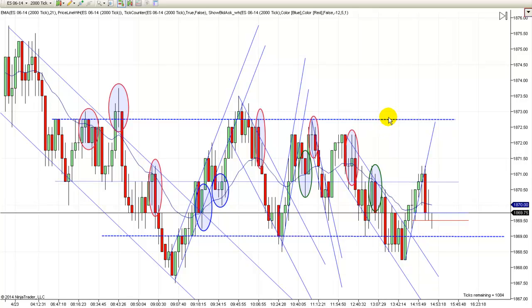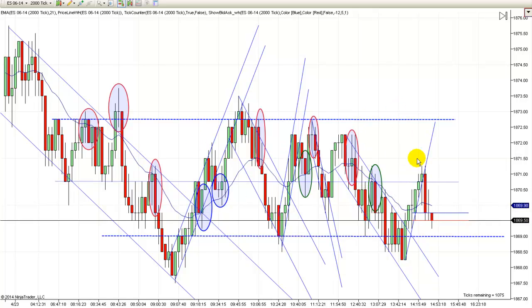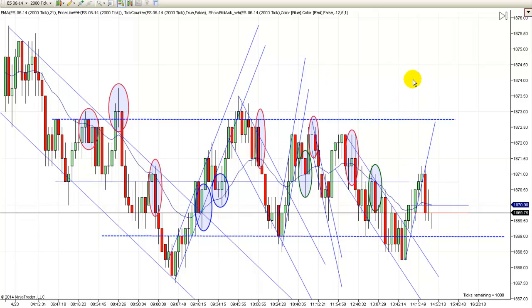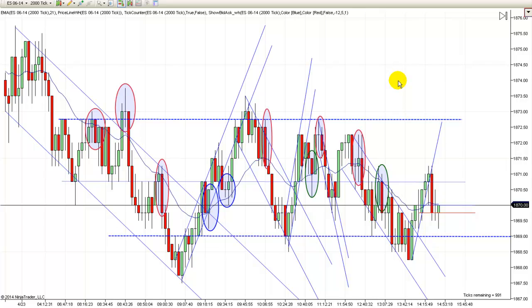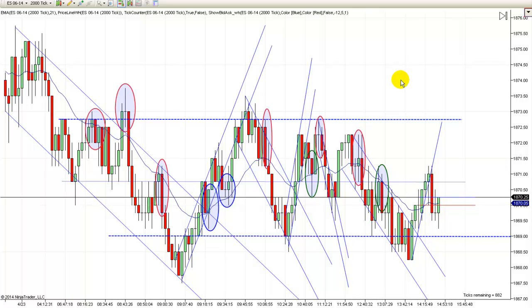So the best thing to do is stay out of it. If you can, just get on the sim and practice it, and then study your chart afterwards. Otherwise, stay out of it. That's my motto, and it's a very good one. Anytime you do not understand what prices are doing and you try to take a trade, you're gambling. We do not want to be gamblers. If you gamble in this game, you will lose.